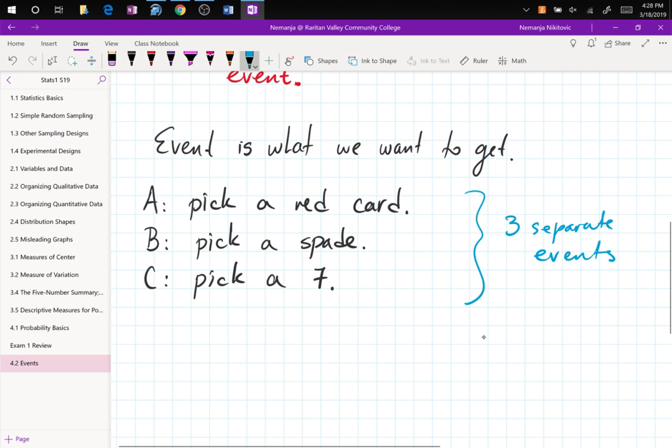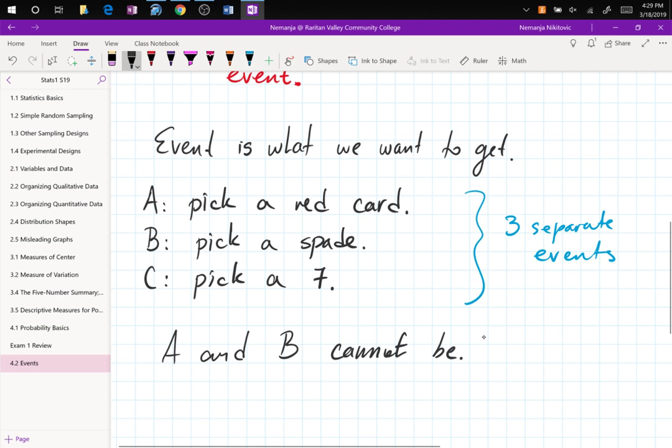No, right? You can't, because all spades are black, right? In the deck. Great. So A and B cannot be. How about that?